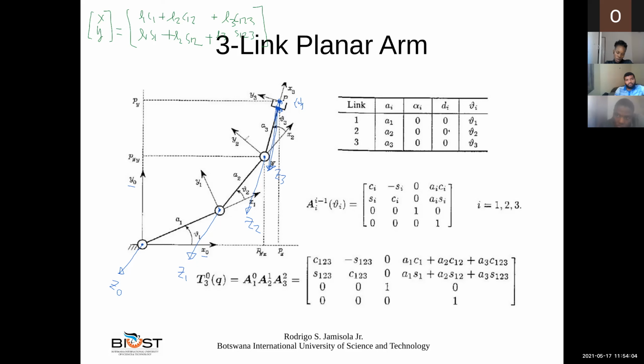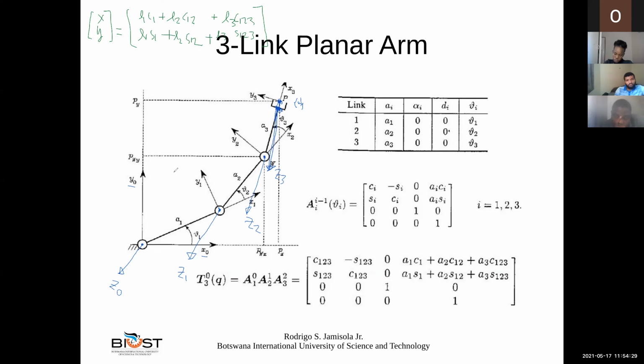Just make sure that everything is according to how you planned it, and check and verify that it's correct. There are other conventions, especially the modified DH convention that I mentioned, in terms of joint i rotating about z_(i-1) versus about z_i.